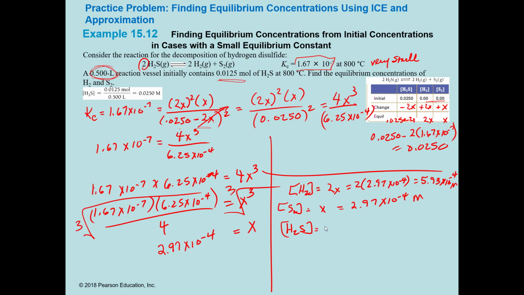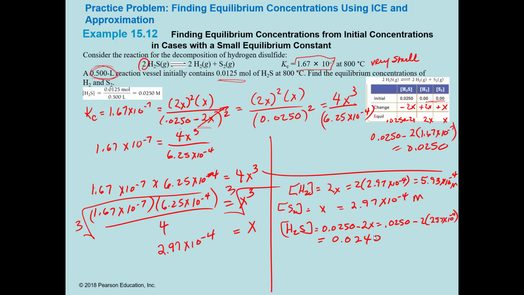And then the H2S, when we get done, is equal to, now you've got to use that x when you go back, so 0.0250 minus 2x equals 0.0250 minus 2 times 2.97 times 10 to the minus 4. That's going to give you 0.0240.